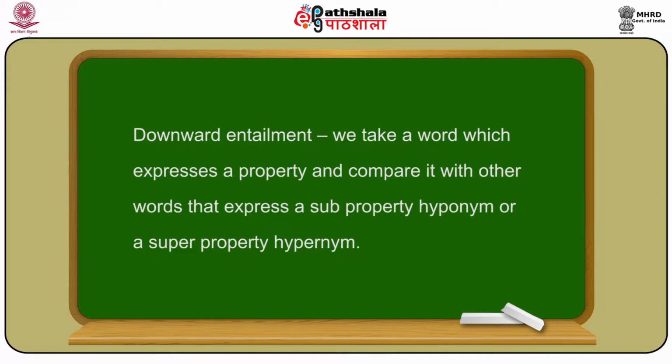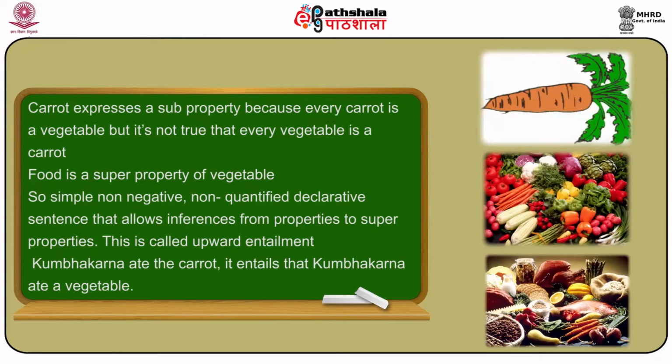To understand downward entailment, we take a word which expresses a property and compare it with other words that express a subproperty, hyponym, or a superproperty, hypernym. For example, carrot expresses a subproperty of vegetable because every carrot is a vegetable, but it's not true that every vegetable is a carrot.